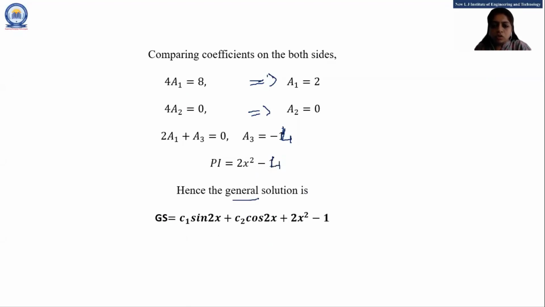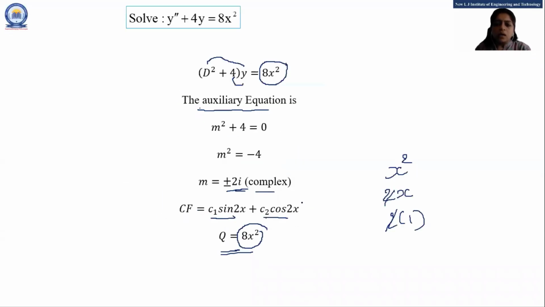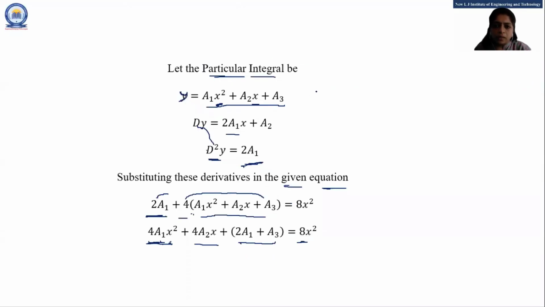Hence the general solution is CF plus PI. One more thing, students: when you generate your particular integral, one thing is important there. You have to remember that there should be no common term between this y and CF.